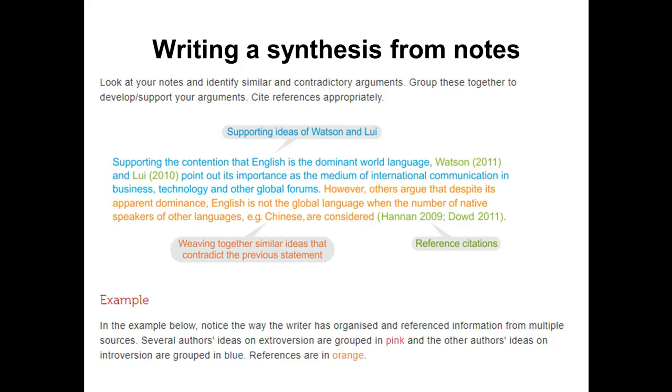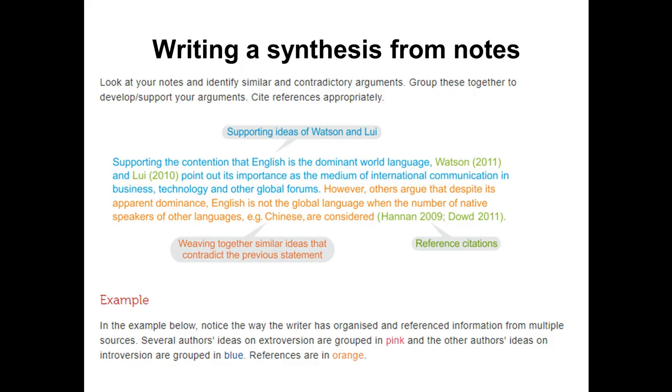Okay. Writing sentences from notes. Look at your notes and identify similar and contradictory arguments. Group these together to develop or support your arguments. Cite references appropriately. Supporting ideas of Watson and Louis, supporting the contention that English is a dominant world language.